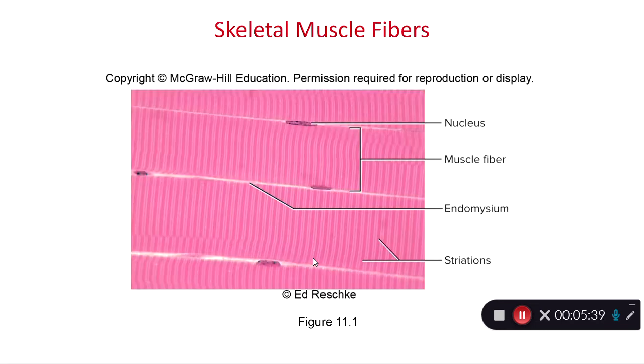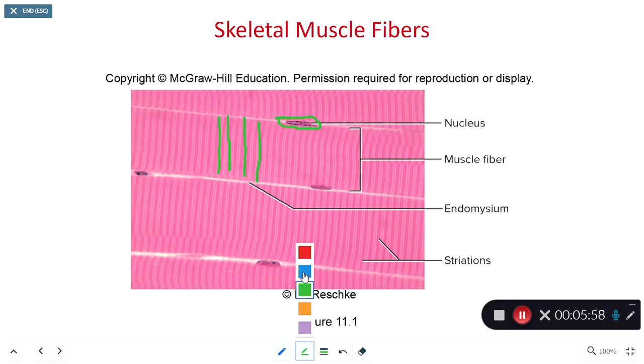So here's a photomicrograph of some skeletal muscle fibers. Note we can see how there's some striations, there's some banding across that transverse distance. And because our skeletal muscle fibers are so long, they are going to be multinucleate. This one nucleus can control or send signals that control one area of the skeletal muscle fiber in its proximity.